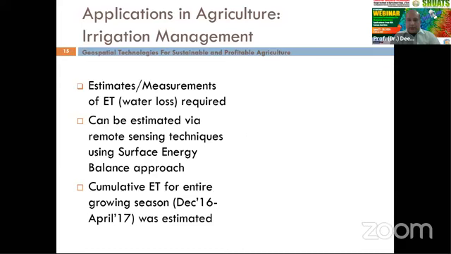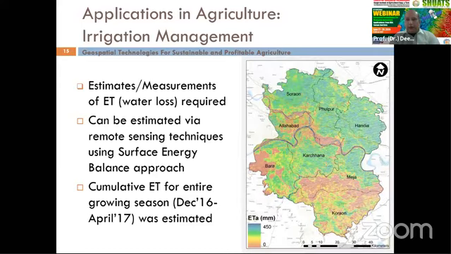Let's see a cumulative ET map, an evapotranspiration or water loss map, for the entire season. This water loss is basically the amount of water that crops are using for their growth, so it should be at least at their potential if we want a good healthy crop.